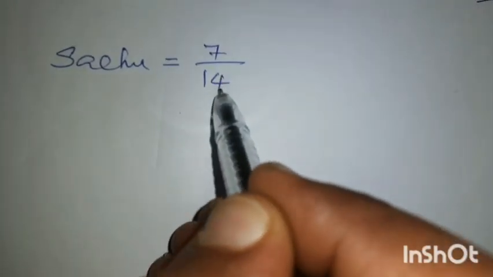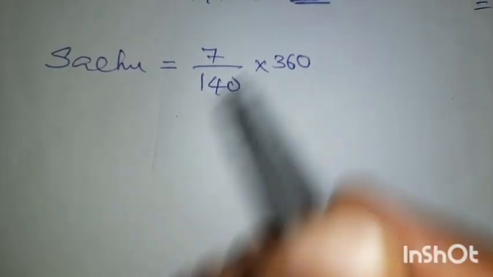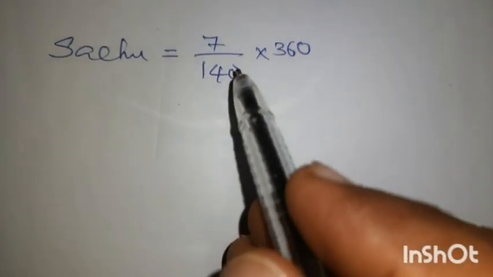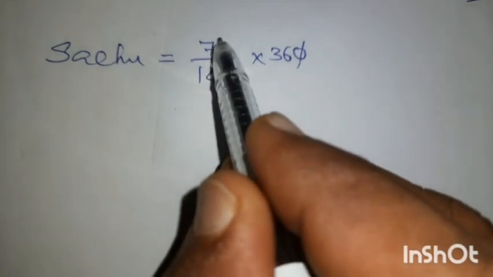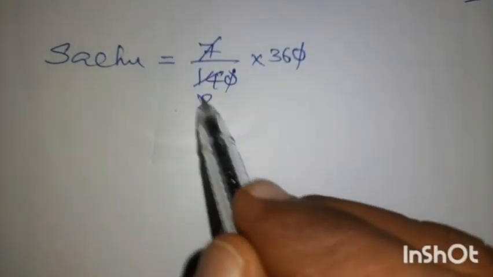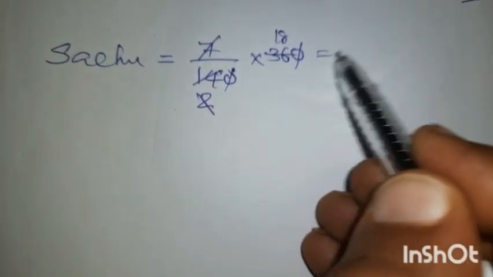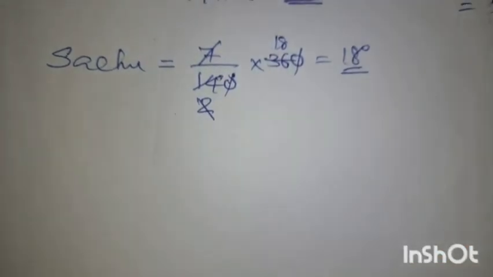Next is Sachu. He scored 7 runs out of 140 multiplied by 360. 0 is cancelled. 7 2s are 14, 2 18. So 18 degree is the angle. Next is Ajmal.